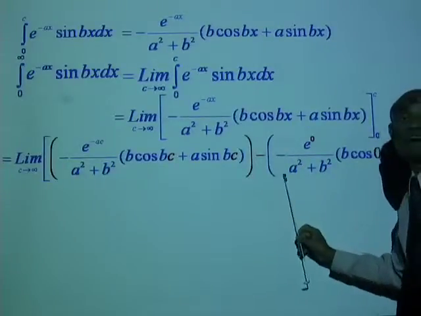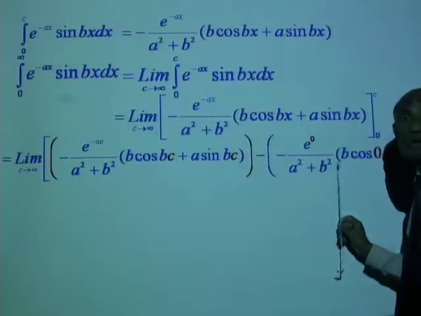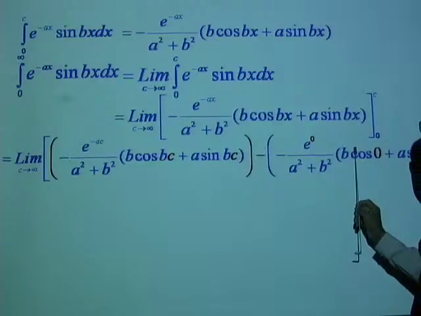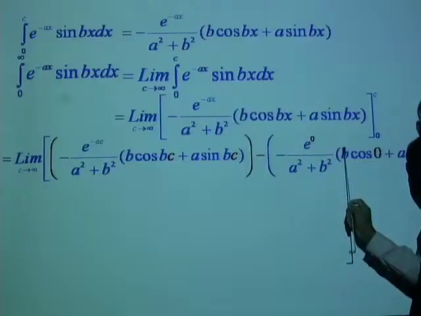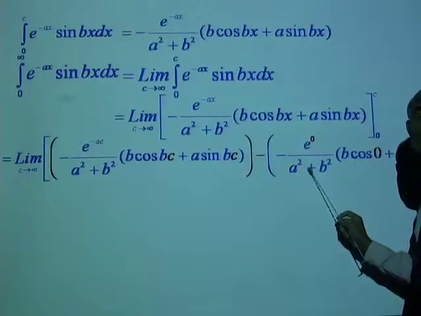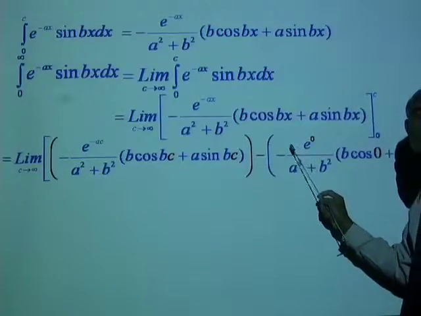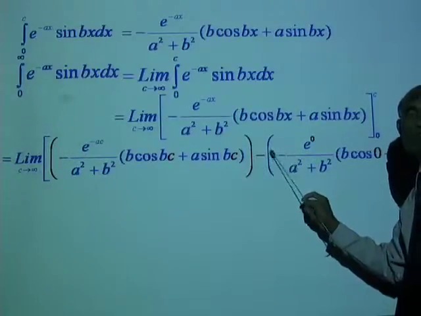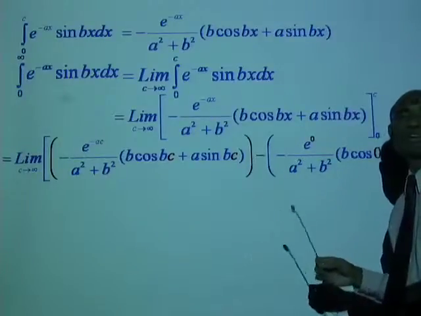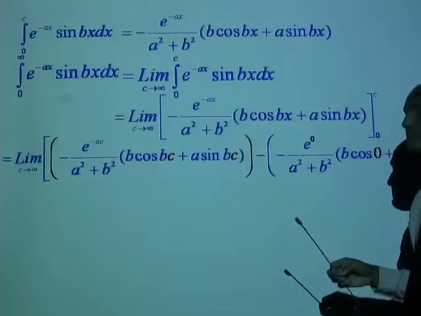So tell me what that will simplify to. This quantity will simply be b, and this is 1. So it will be negative b over a squared plus b squared, and the negative will combine to give you positive. So that will simply be b over a squared plus b squared.